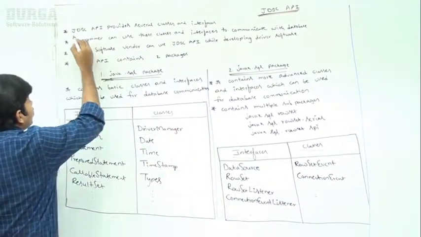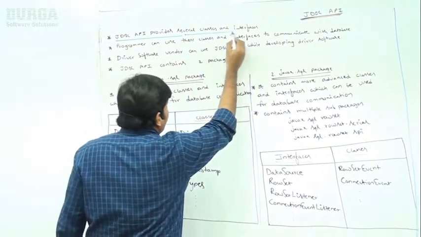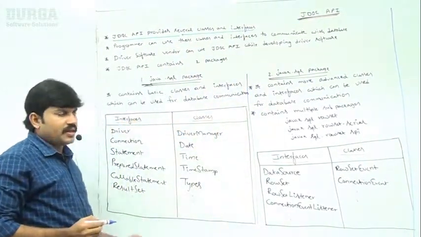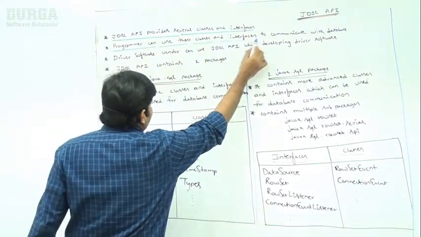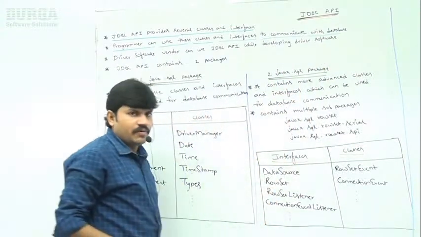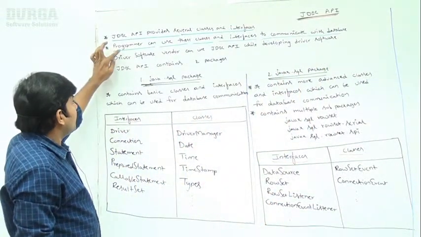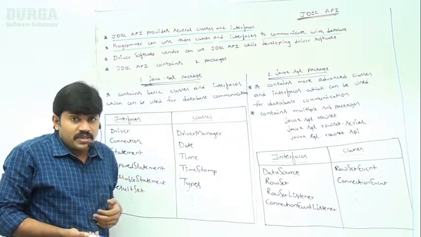Here just observe. JDBC API provides several classes and interfaces. Next, a programmer can use these classes and interfaces to communicate with the database. Sir, being a programmer, I want to communicate with the database. Then which classes and interfaces are required?